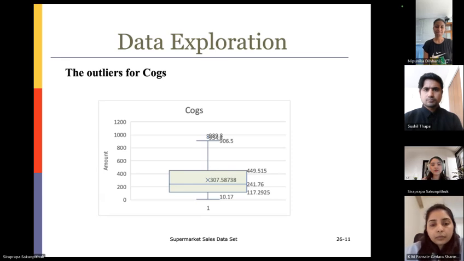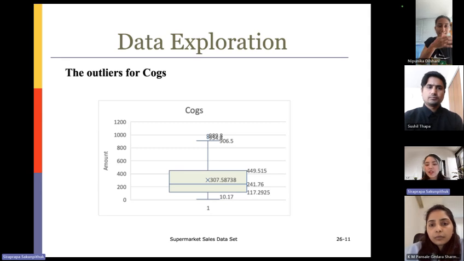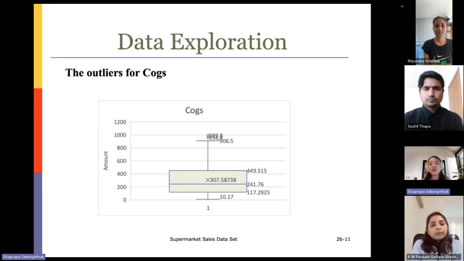Thank you. For the outlier for the COGS, as we can see, the mean is 307.58, but the median is 241.76.